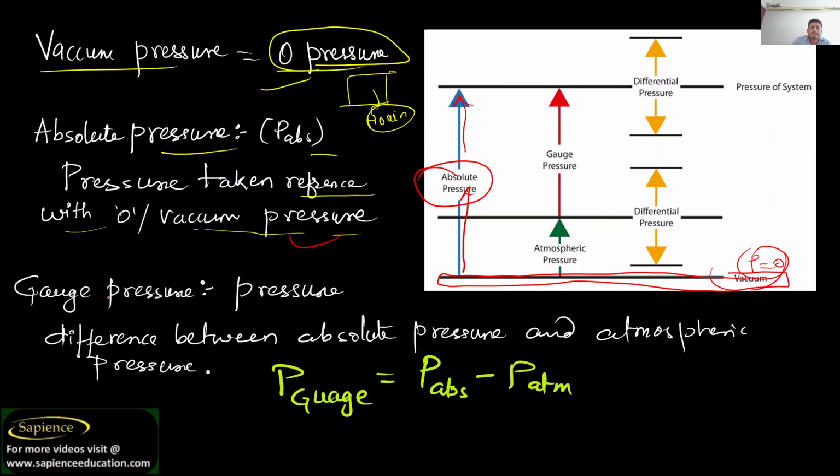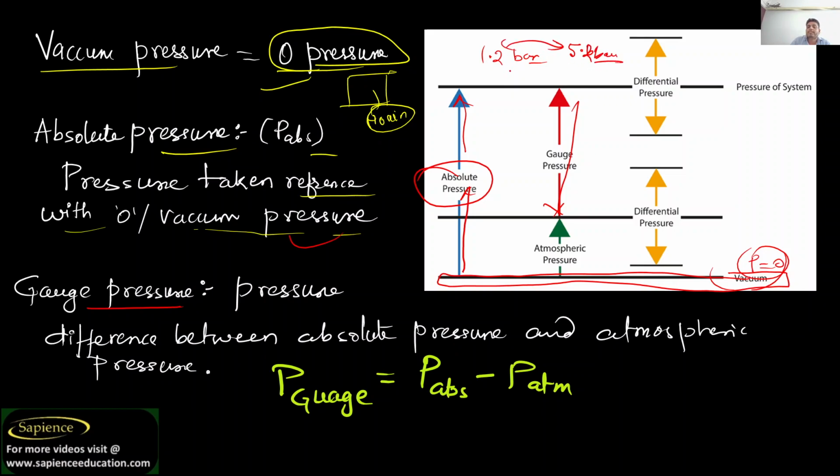But what is gauge pressure? The pressure difference between absolute pressure and atmospheric pressure. So here you are taking pressure with reference to atmospheric pressure. For example, atmospheric pressure is 1.2 bar, and your instrument has a total pressure, from vacuum to this, of 5 bar or 5.2 bar. So what is the gauge pressure?